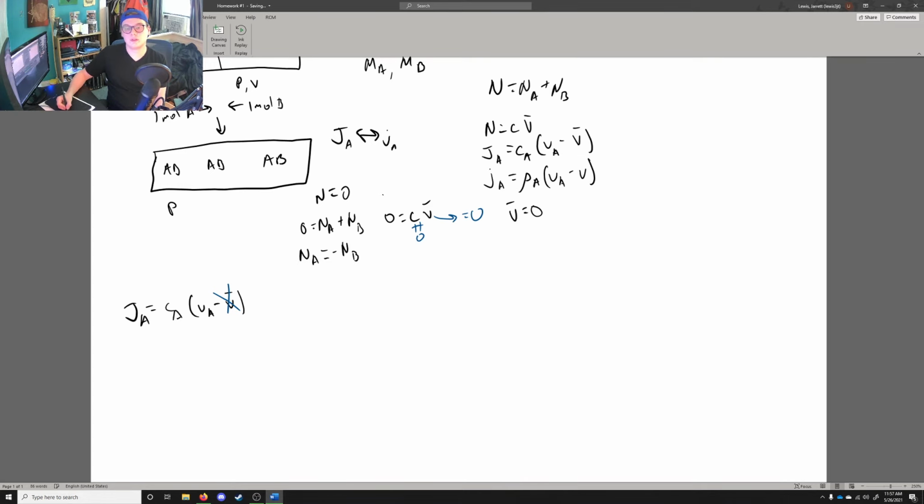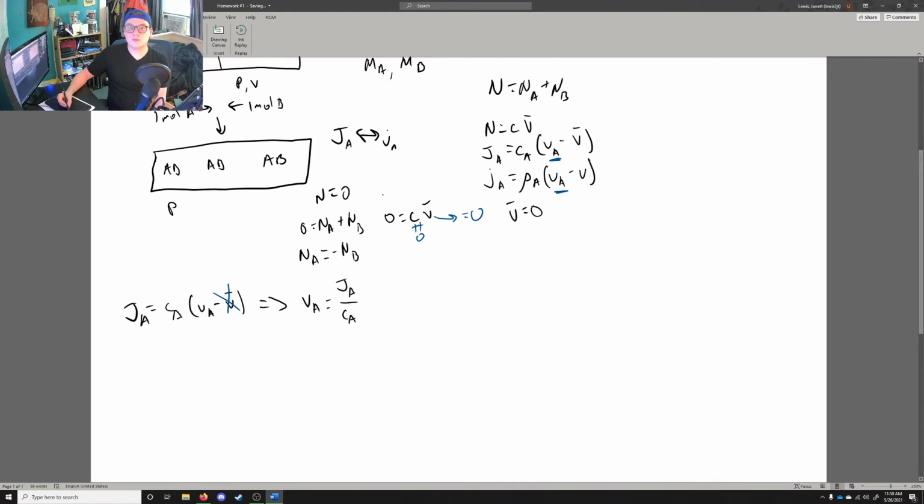We can rewrite this in terms of the mass average velocity, because it's the only variable that appears in both equations. So the mass average velocity of A is equal to the molar diffusive flux of A divided by the molar concentration of A.